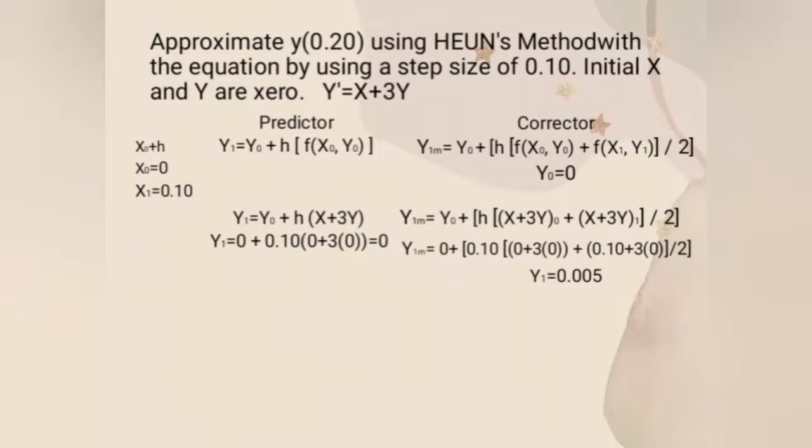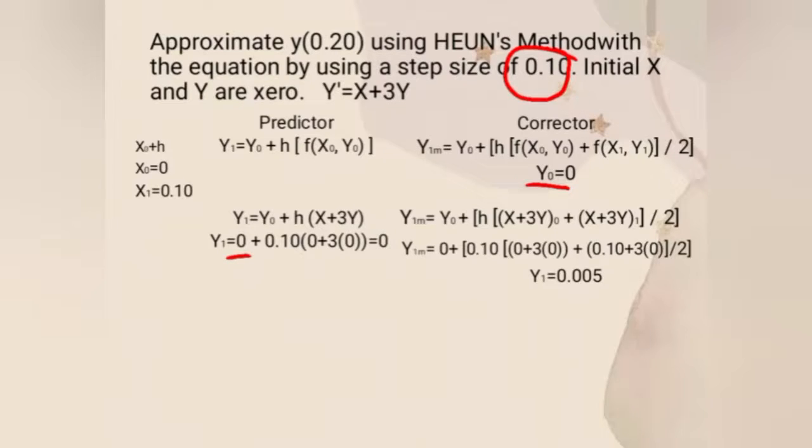Next, through the use of this predictor equation, we have y sub 1 is equal to y sub 0 plus h times x plus 3y. If we substitute the given here, we have the value of y sub 0, which is 0, plus 0.10, which is the h, the step size given here.